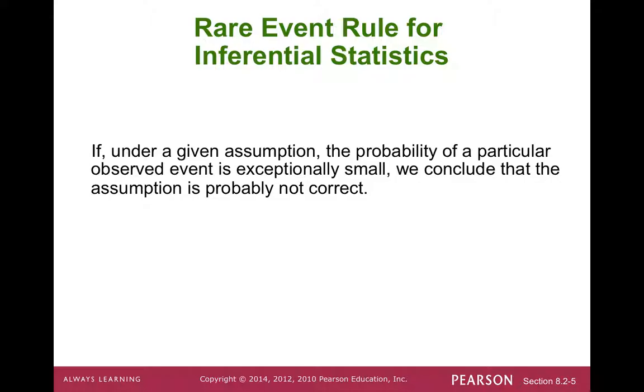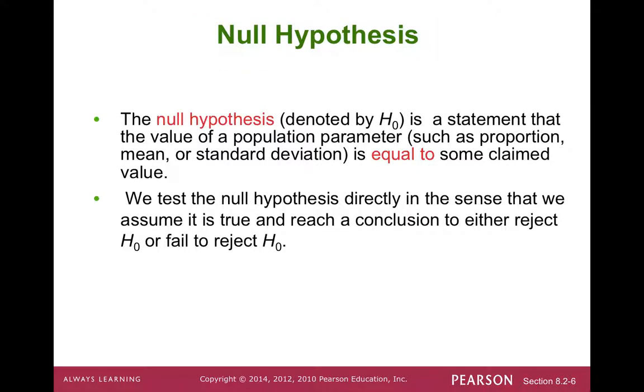Well, we know that the proportion should be around 50-50 for heads and tails. So we would actually have to conclude that if we received 99 out of 100 times tails, our original assumption that the coin was fair was probably incorrect. That is what the rare event rule tells us: if something seems too good to be true, it probably is. Okay, let's keep going.